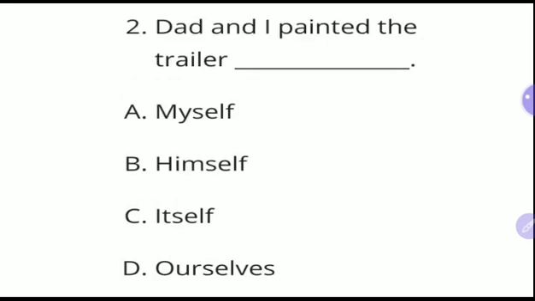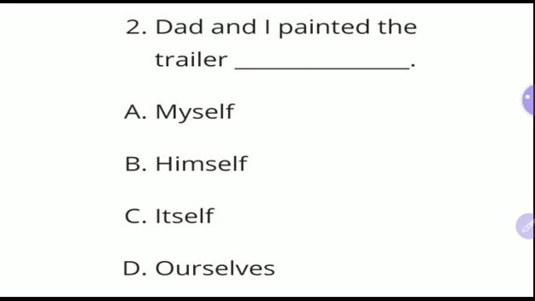Now come to the next one. Dad and I painted the trailer. Now you have to select the best expression for dad and I. Myself is not possible because I am alone, not the subject. Dad is also with me. Himself, then I will be separated, put apart.